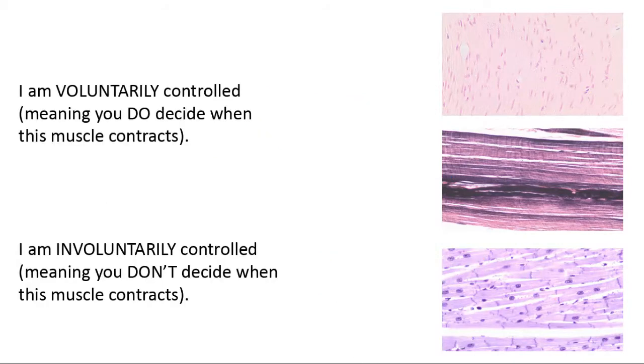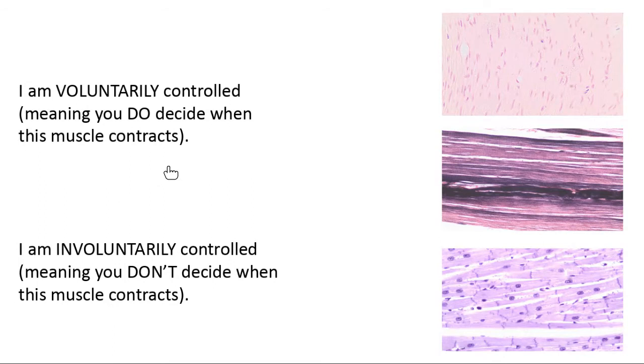Here's our last statement that I asked you guys to do. I asked you to figure out which ones were voluntarily controlled versus involuntarily controlled. So in other words, which ones do you have to consciously decide in your mind to contract versus which ones are going to contract all on their own?